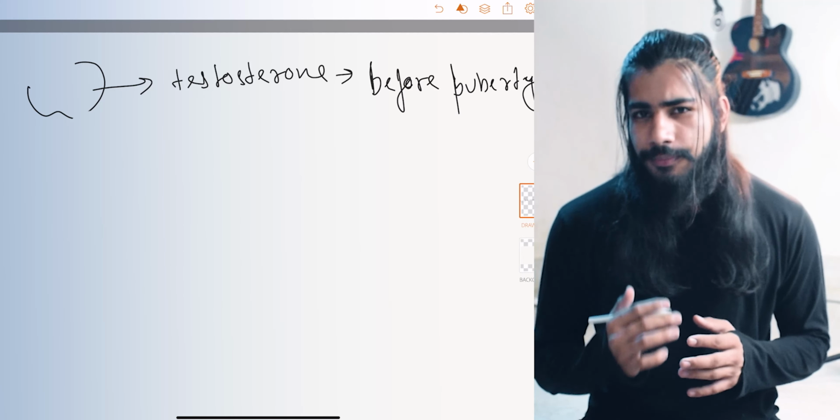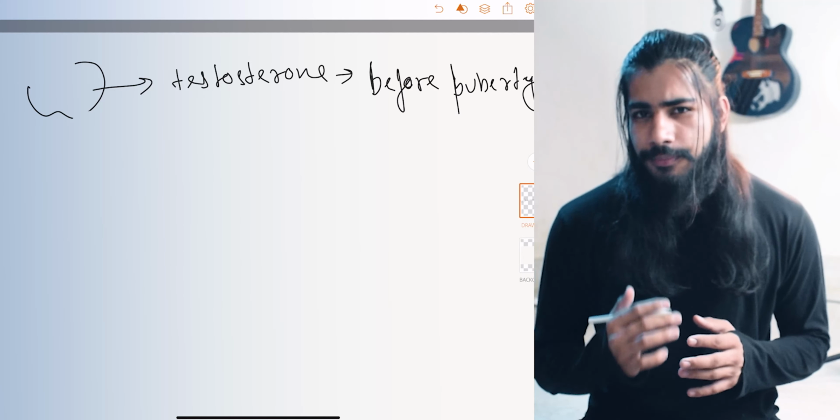Now it's not magic, right? The testosterone cannot convert into DHT on its own. So this is where the 5-AR enzyme comes into play. This enzyme, the 5-AR enzyme, or we can say 5-alpha reductase enzyme, whichever you prefer.